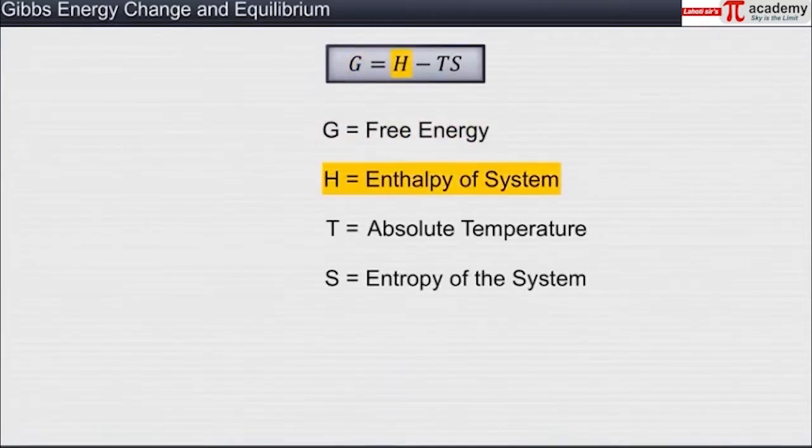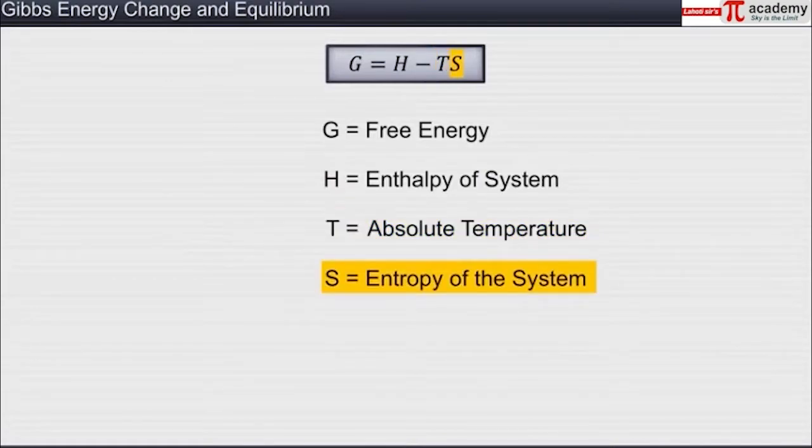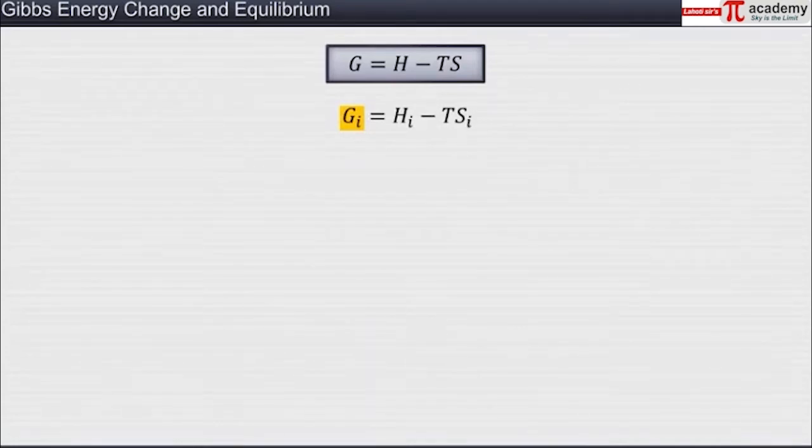G equals enthalpy of the system H minus the product of absolute temperature T and the entropy of the system S. Based on the equation, Gibbs energy of a system in initial state, Gi, is equal to the enthalpy of the initial state, Hi minus the product of absolute temperature and entropy of the initial state, TSi.